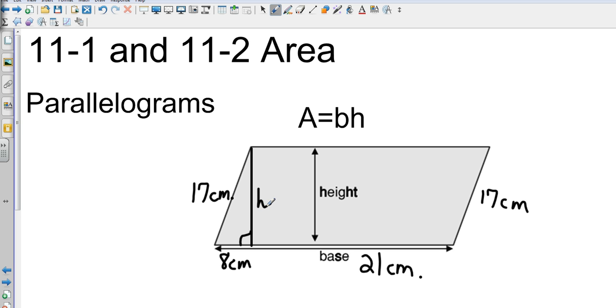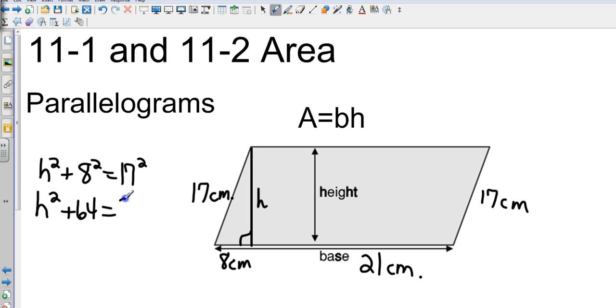So I've got a right triangle there. So I'm going to do Pythagorean theorem to find out what the missing side is. And so in this case, it's going to be h squared plus 8 squared equals 17 squared. That gives me h squared plus 64 equals 17 squared, which is 289.